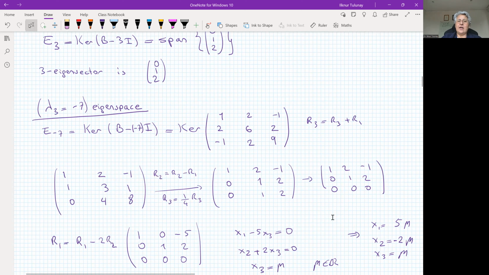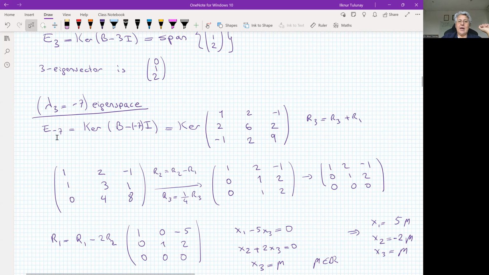Now we would like to find the lambda 3 equal to -7 eigenspace. So E minus 7 is the kernel of B minus 7I. So that will be plus 7. We are going to add 7 on the main diagonal of the matrix B. If you do that, we obtain this matrix.